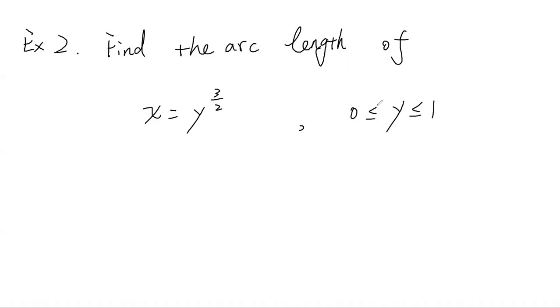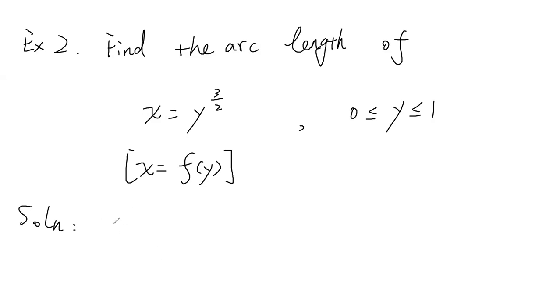Now this time this is not a parametric equation or a parametric curve. It's a function that's given by x is equal to something of y. So in this case, we will need to use a different formula, the third formula.